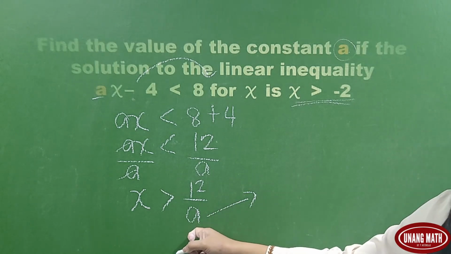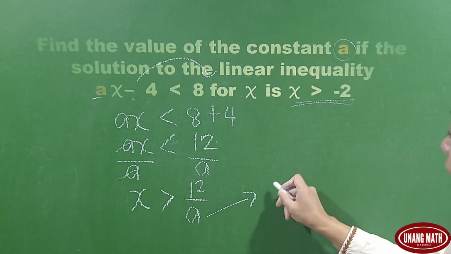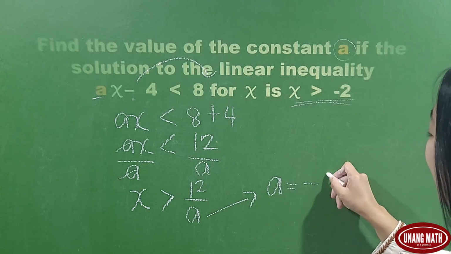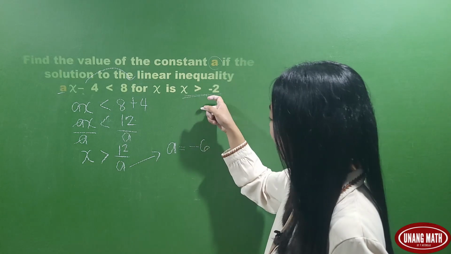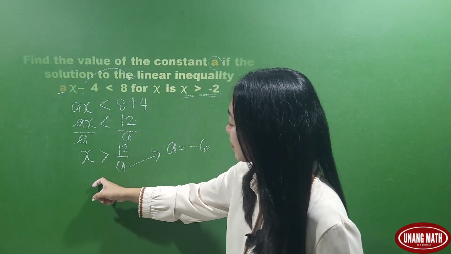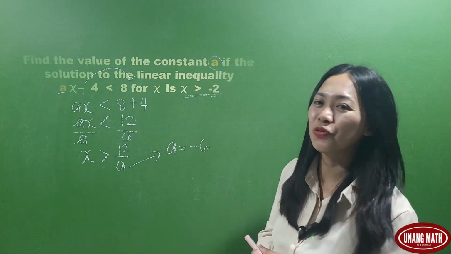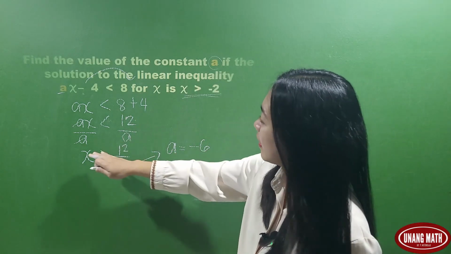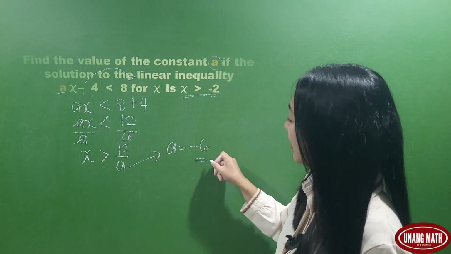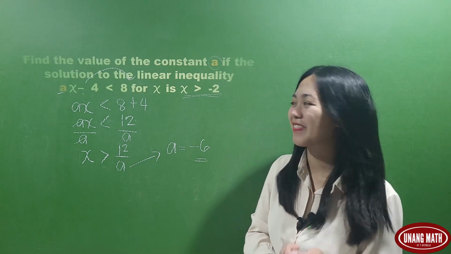So it means a is a negative number and a is negative 6. So 12 divided by negative 6 is negative 2. So x is greater than negative 2. So the value of the constant a in this inequality is negative 6.